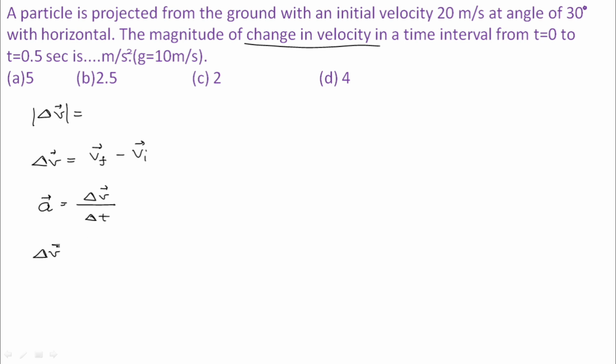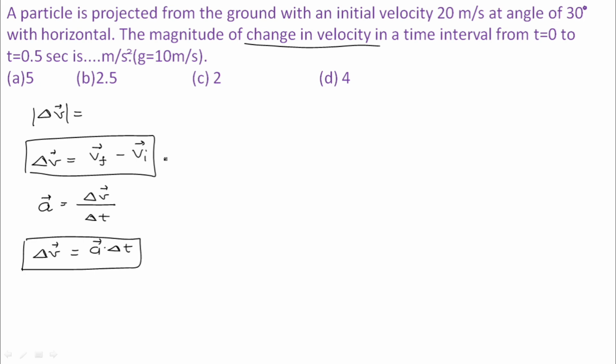So here we have delta v vector is equal to a vector into delta t time. So here we have two different ways to define change in velocity vector: by using vf vector minus vi vector, one way, and the second way is delta v vector is equal to a vector into delta t.